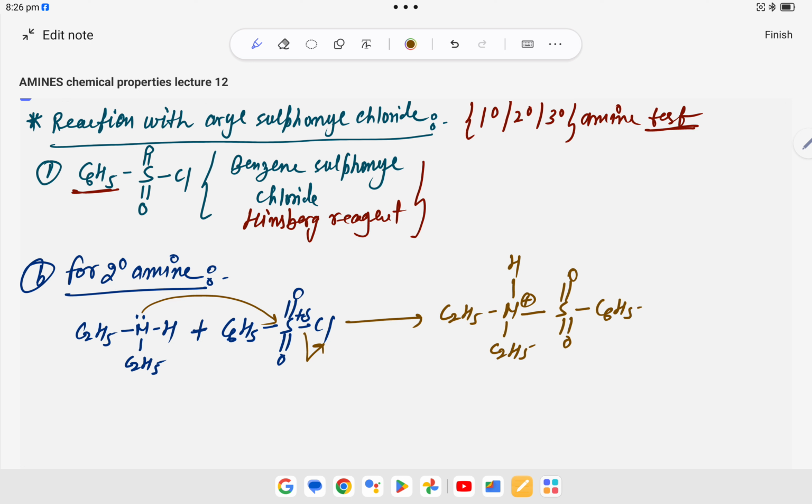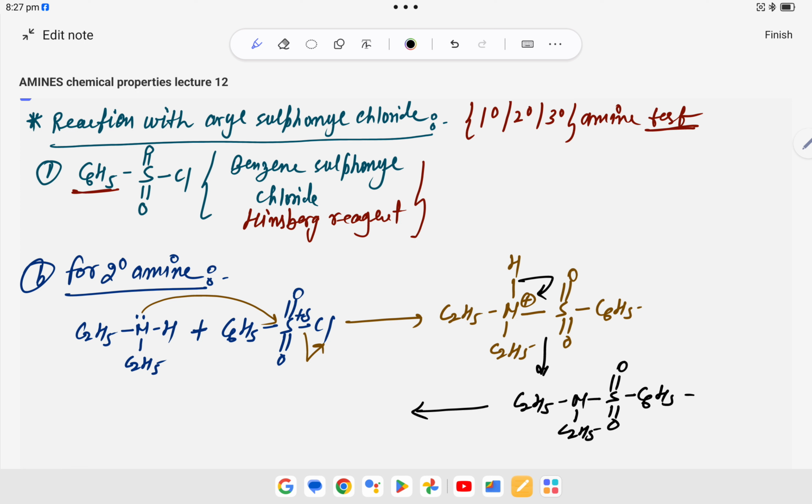Again the hydrogen is lost and the positive charge vanishes, and we get C2H5 N C2H5 SO2 C6H5.